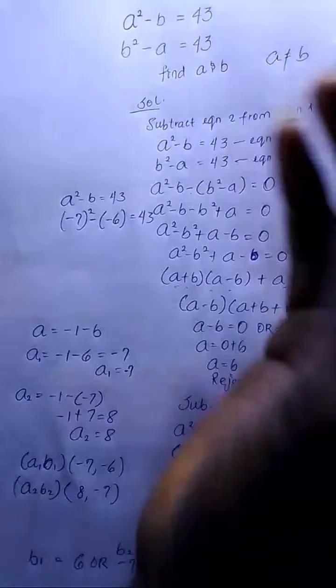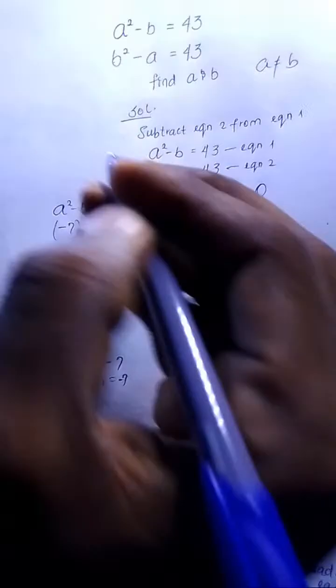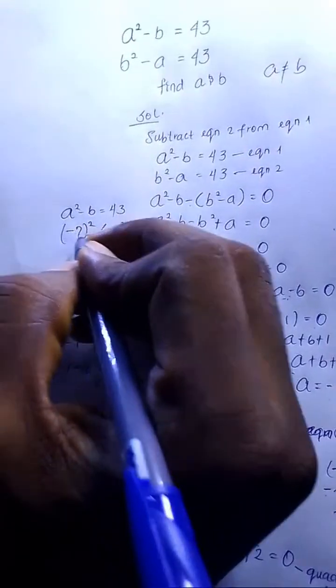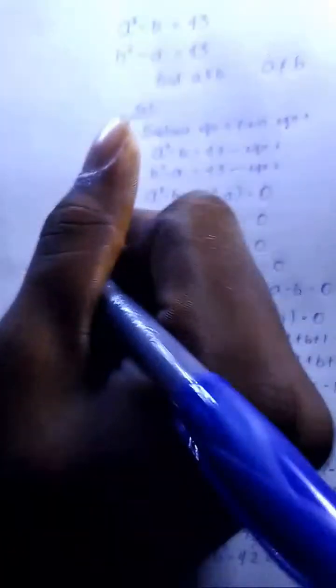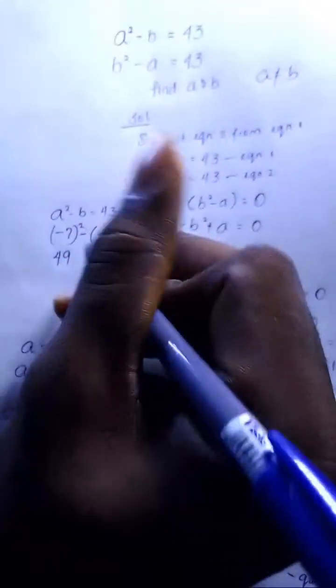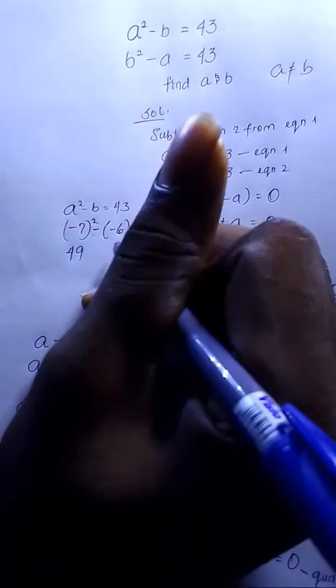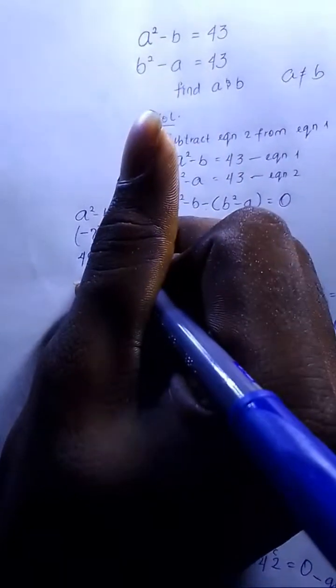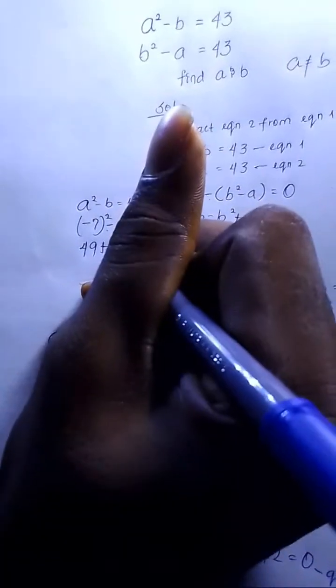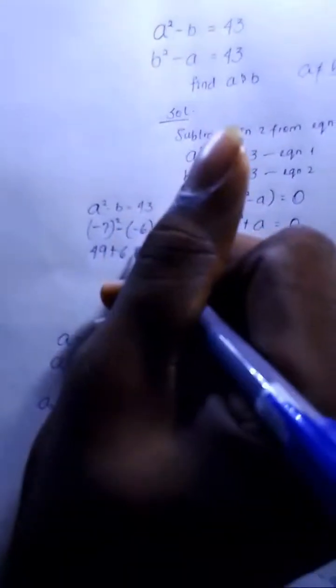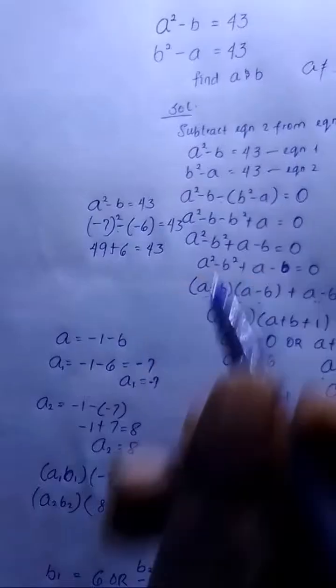Does it give us 43? Minus 7 squared gives us 49, minus times minus gives us plus, so plus 6 equals 43. It did not give us 43.